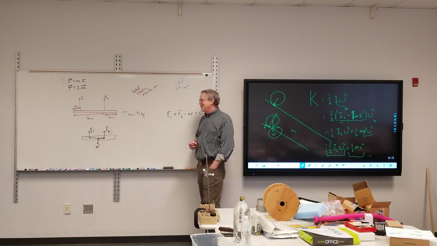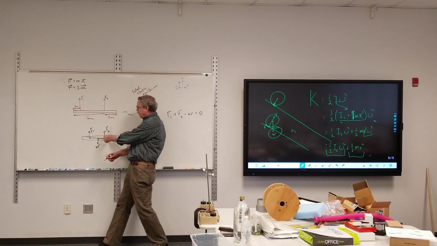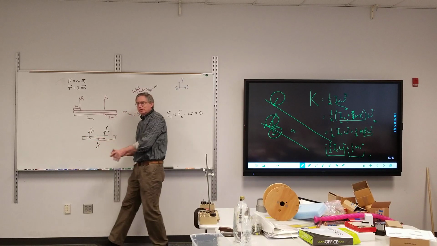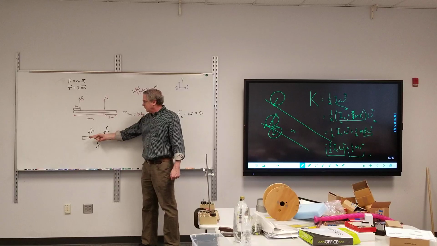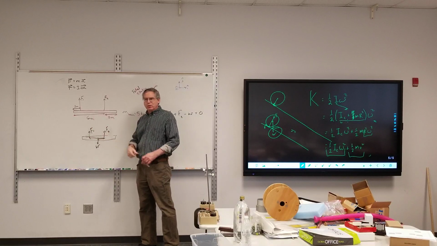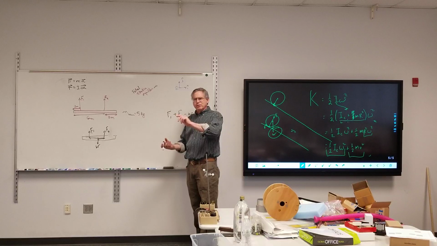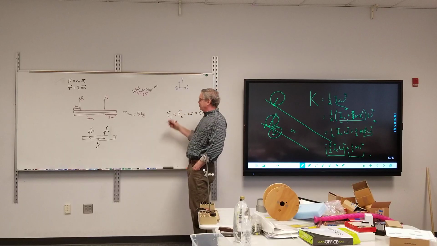If you treat this as a pivot point right here, if this part is fixed, and then you push up here, which way will it rotate? Well, it'll rotate into the board, or R cross F into the board. Were you doing which way it would rotate, or R cross F? Okay. So it's going to be negative torque, as I said, out was positive.